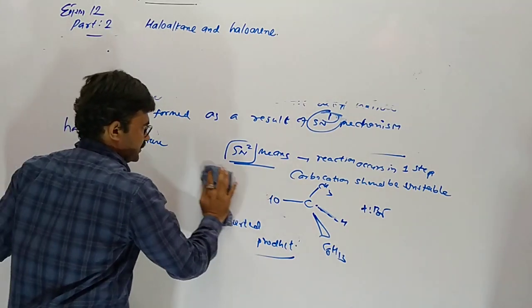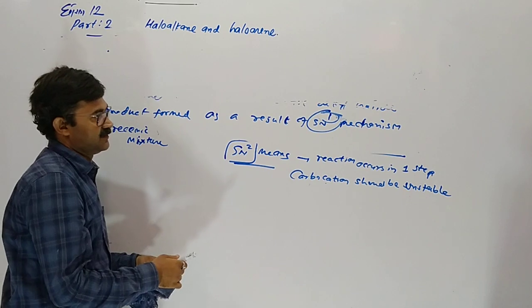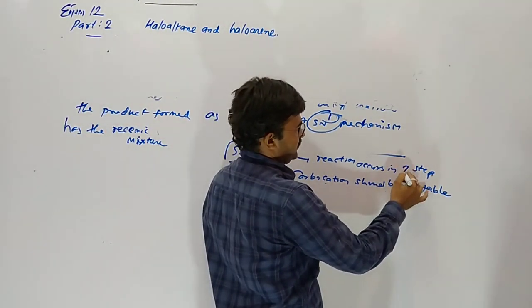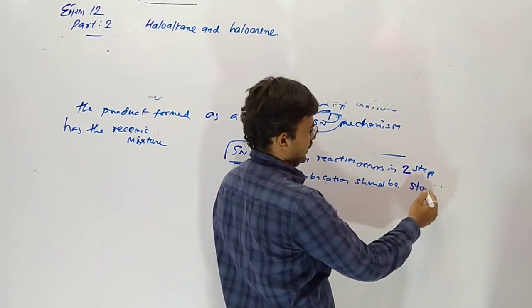Why does this happen? In the SN1 mechanism, the reaction occurs in two steps and the carbocation should be stable.